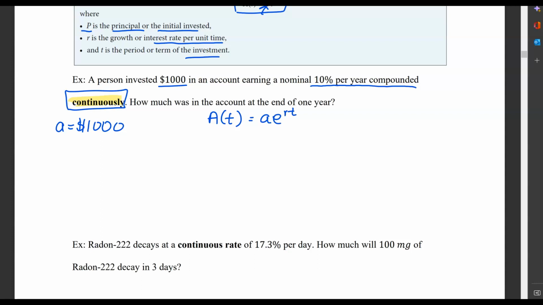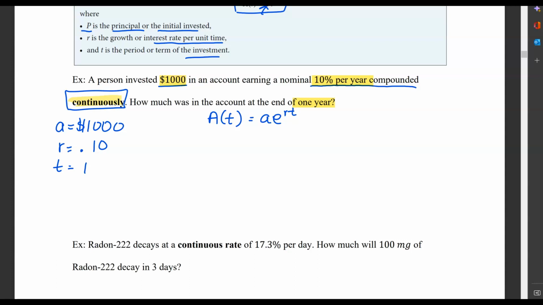All right, so we know that the rate is going to be 0.10. That's our rate. And now, how much is in the account at the end of 1 year? That tells us that our t value in this case is going to be 1. These are the big things that we got, 10% compounded yearly.